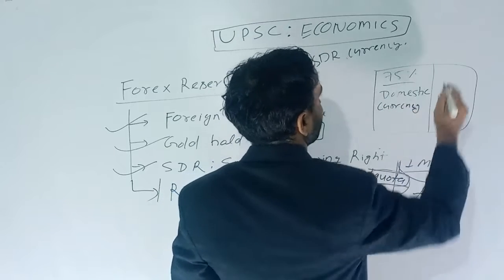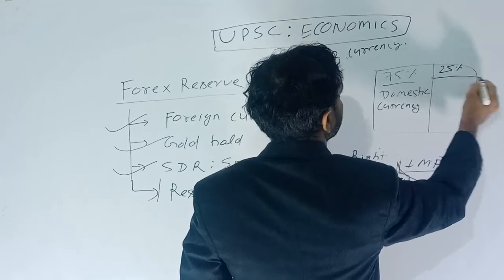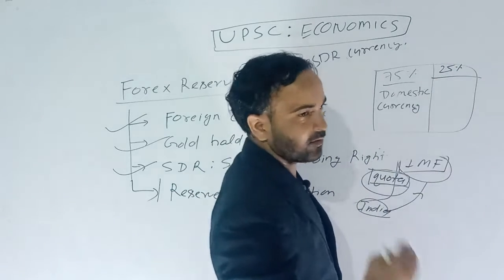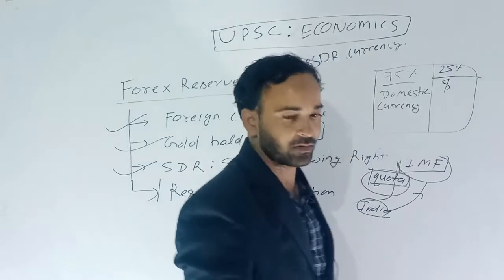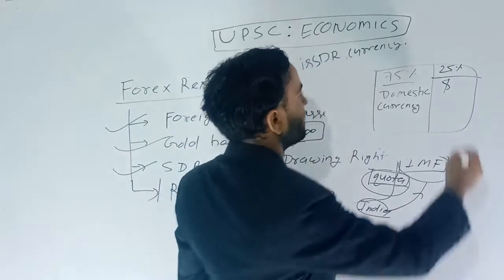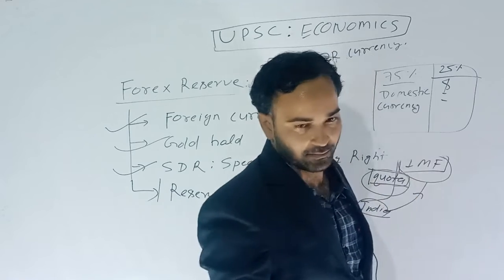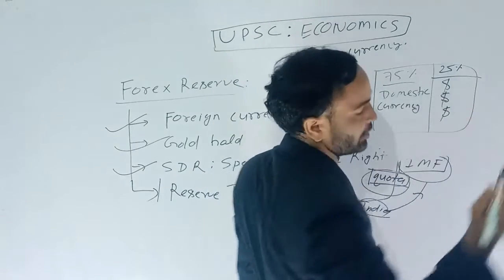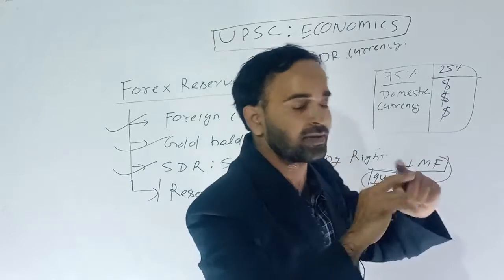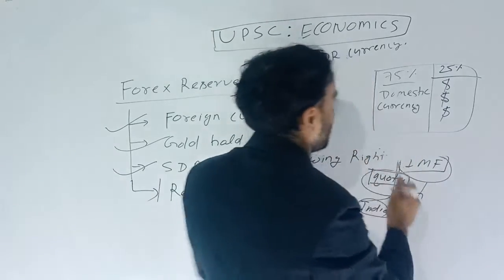And the remaining 25% you can put in another currency, foreign currency: dollar, euro, renminbi, pound, yen. If you have many currencies, you can do that, otherwise only dollar. You can use any currency or a mix of currencies inside the 25%.